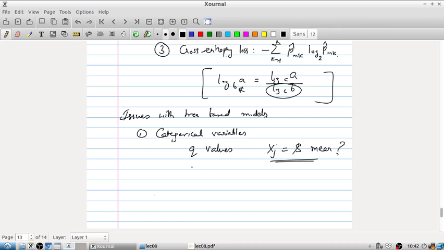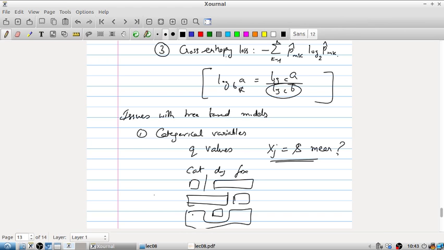For example, if you have a cat, a dog, and a fox, maybe you can split it this way: cat on one side and dog and fox on the other side. You can split cat and dog on this side and fox on this side. Or you can do the other way, with this one in one set and these two in the other set. So there are many split choices.